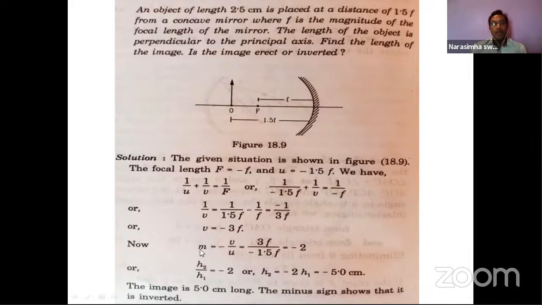Now magnification, because height is given, so magnification comes into the picture here. Magnification is equal to minus v by u, that is the formula.